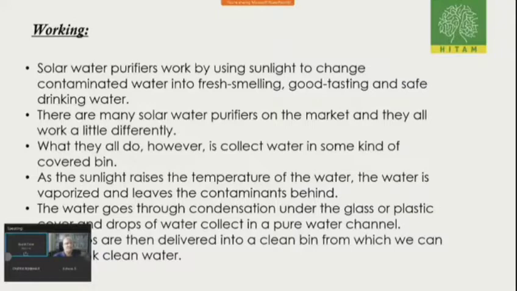We collect the water from the bin. As the sunlight raises the temperature, the water evaporates and leaves the contaminants behind. The water goes to condensation under the glass or plastic cover, and the drops of water collect in a pure water channel.